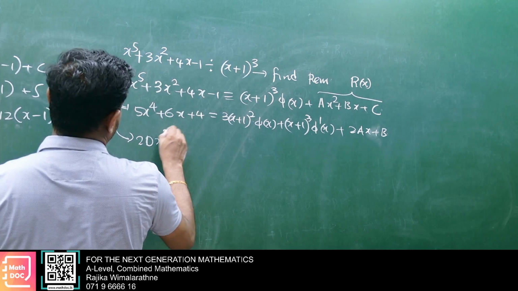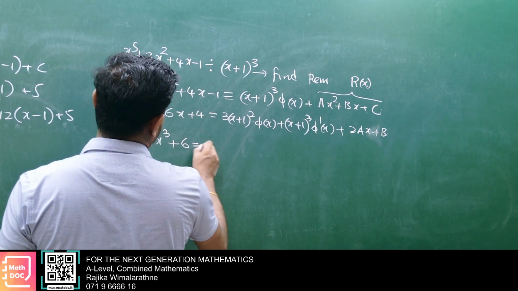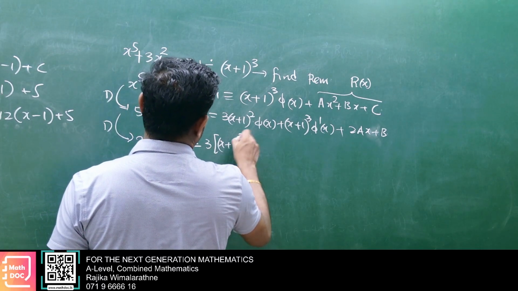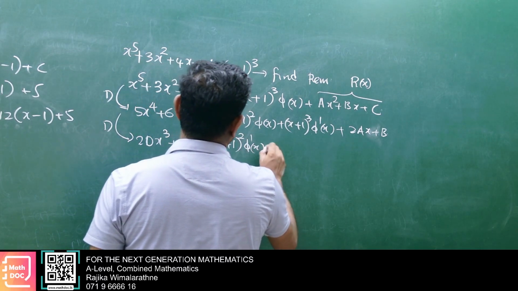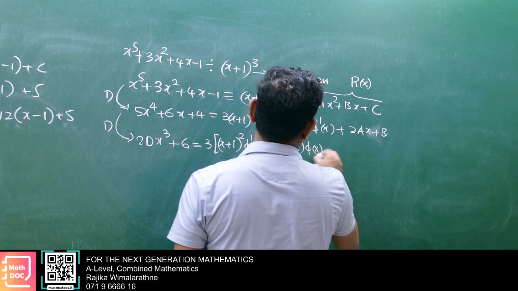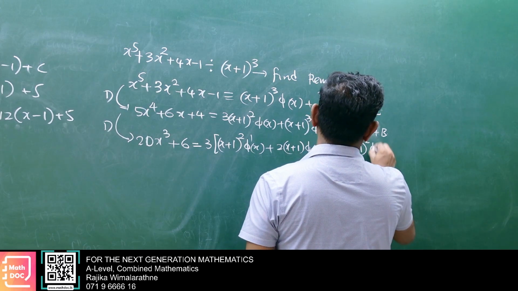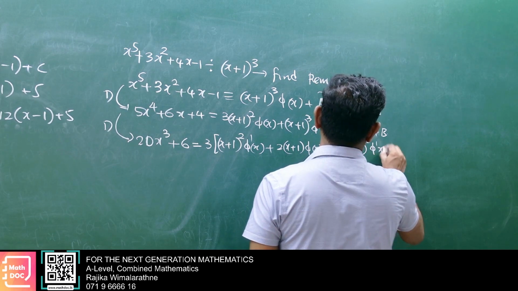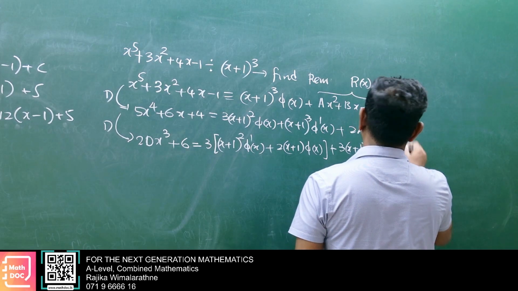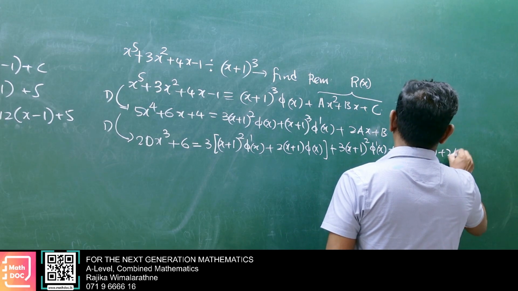20x to the power 3 plus 6 equals 3 times (x plus 1) squared p dash x plus 2 times (x plus 1) p(x), plus 3 times (x plus 1) squared p dash x plus (x plus 1) cubed p double dash x plus 2a.